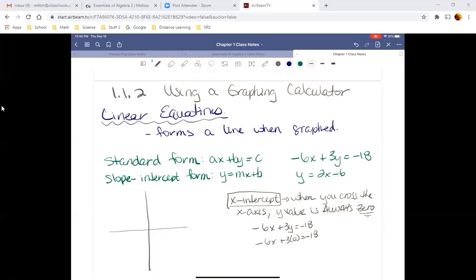And we love doing some algebra, right? So we get what? Negative 6x equals negative 18. What's my x going to equal? 3, right? So where am I going to cross the x-axis? When x equals 3. So there's one point of your graph.